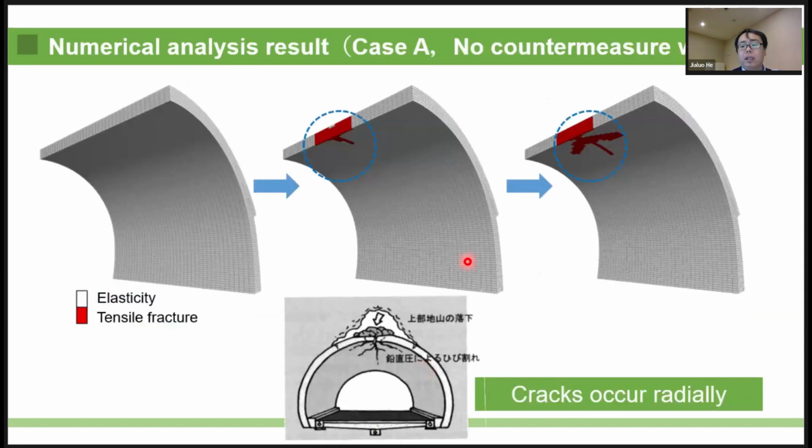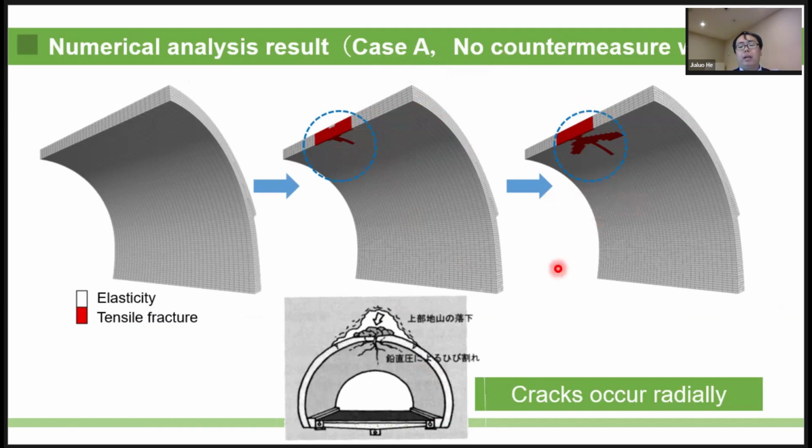The following slides show the results of numerical analysis. First, the analysis result of case A without carbon fiber sheet reinforcement. When a load is applied to the top of the tunnel, a tensile fracture area occurs. In addition, the tensile fracture area expands radially.